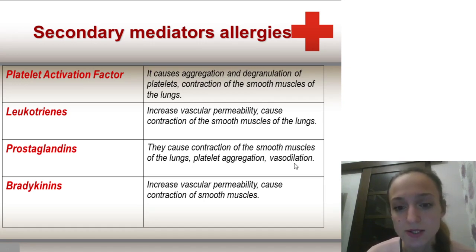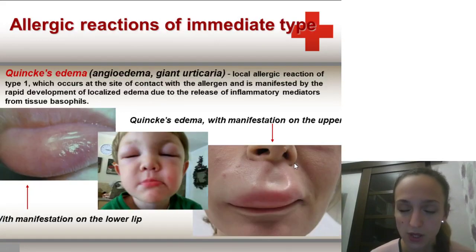Prostaglandins cause contraction of the smooth muscle also. And bradykinins increase vascular permeability and cause contraction of smooth muscles. So, allergic reaction of immediate type.